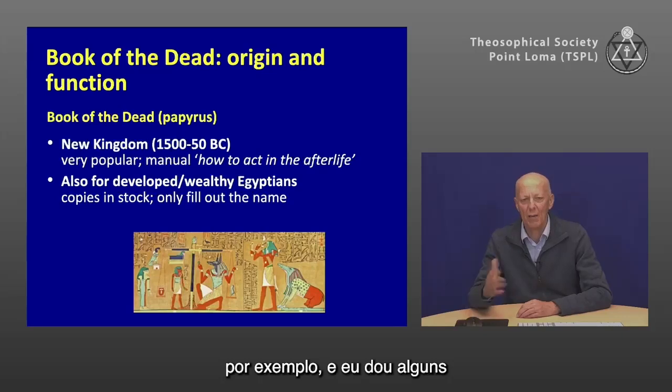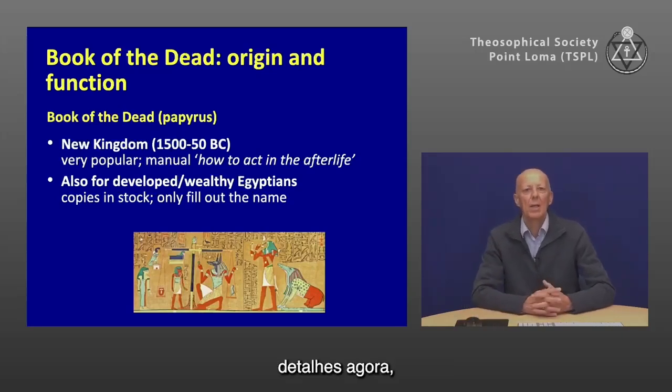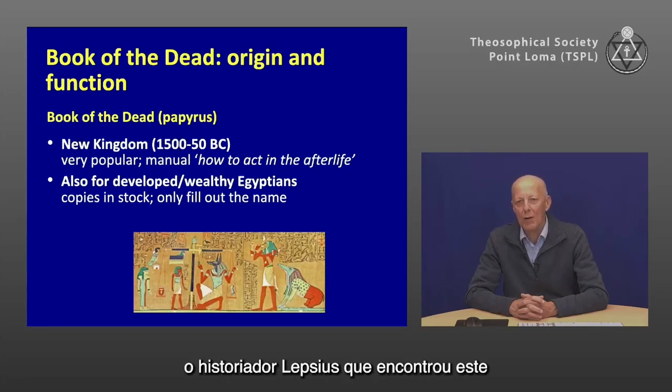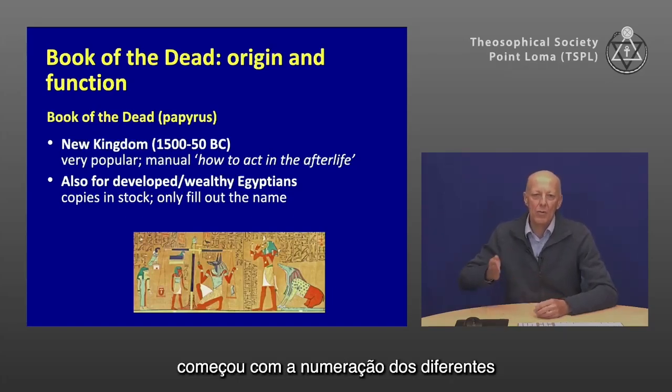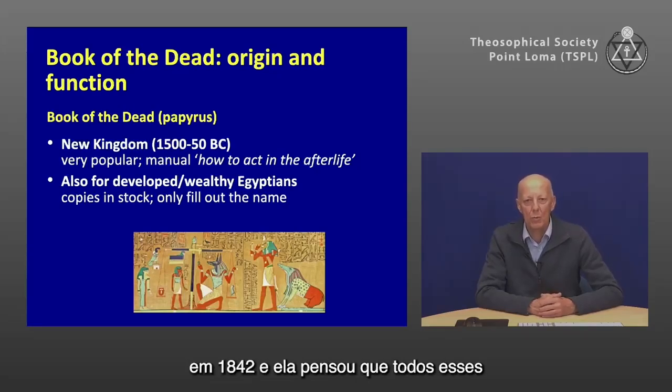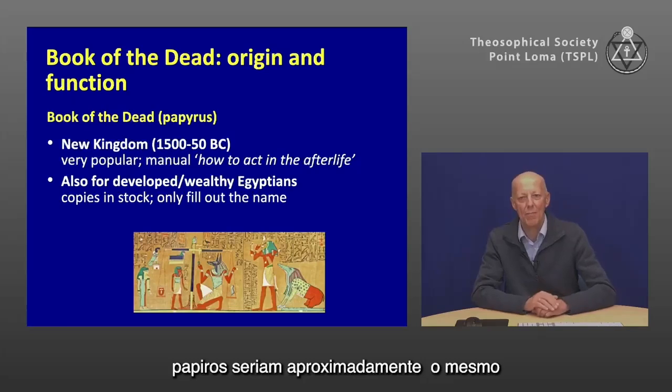For instance, and I give some details now, the papyrus of Joop found, which is now in the Museum of Turin in Italy, is about an official in the Ptolemaic era, and the historian Lepsius, who found this papyrus, started with numbering of the different chapters in this scroll in 1842, as he thought that all these papyruses would be roughly the same.